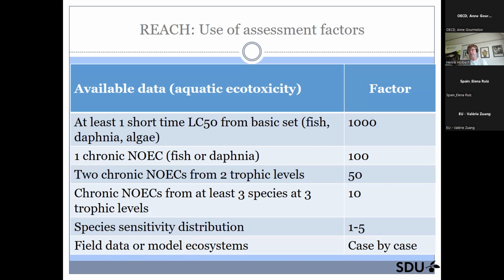And if you have chronic tests with NOECs, the more tests you have, the smaller a factor you can use, until the top of the information level, species sensitivity distributions. If they are very detailed, you can go down to having actually no safety factor. So this is the standard way of doing it, doing in vivo testing and adding assessment factors.